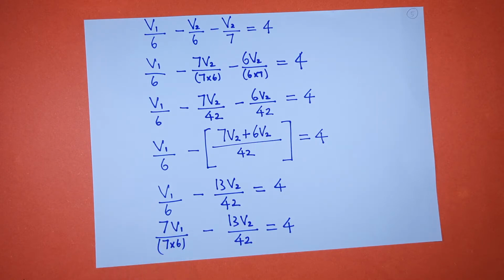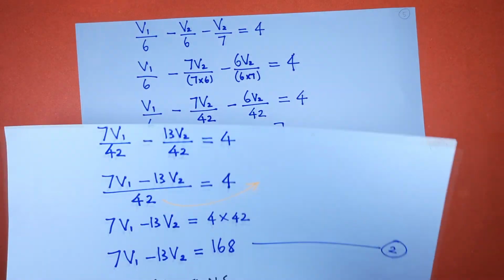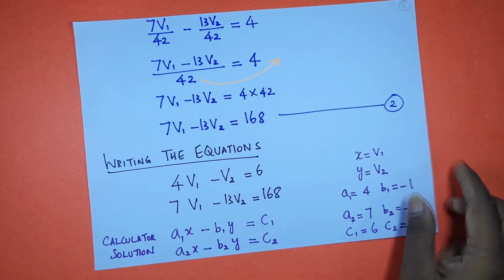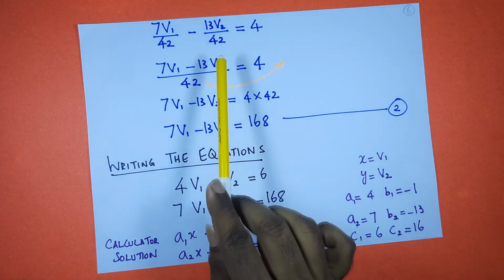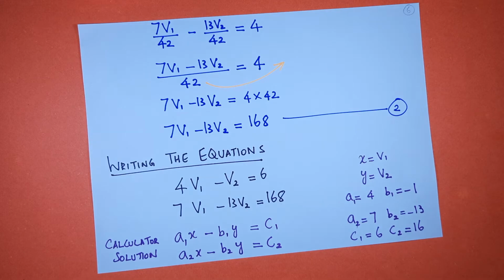Here we multiply and divide by 7. 7 V1 by 7 into 6 minus 13 V2 divided by 42 equal to 4. So we will continue the simplification. So you will be getting like this. 7V1 divided by 42 minus 13V2 divided by 42 equal to 4.